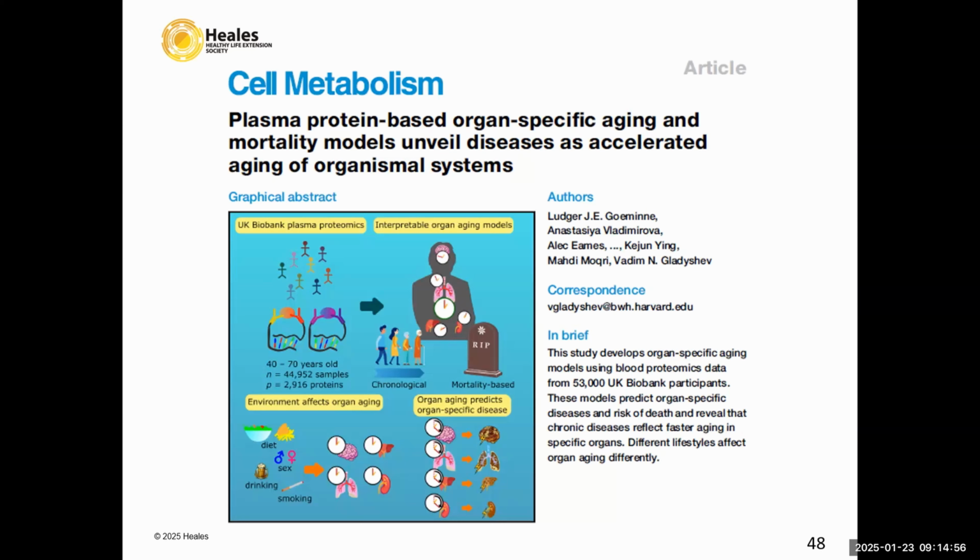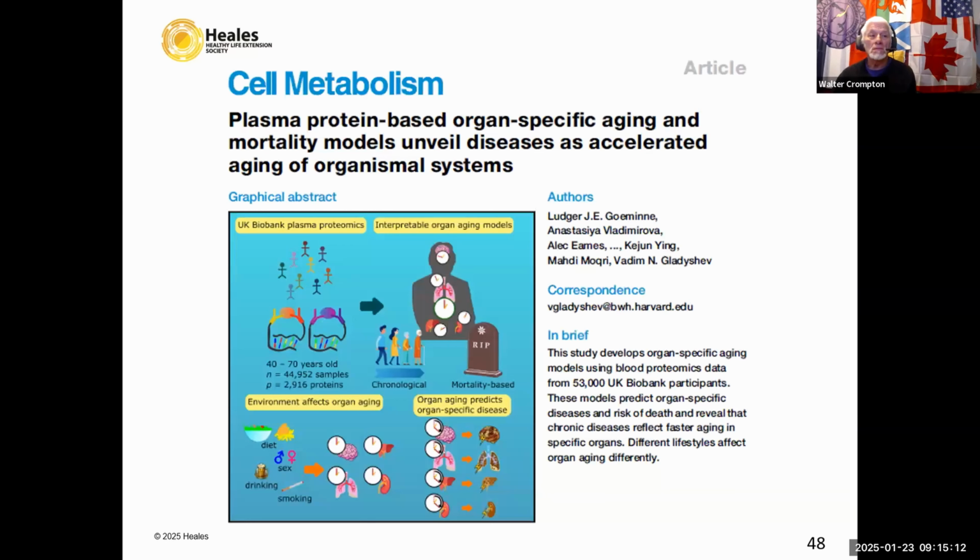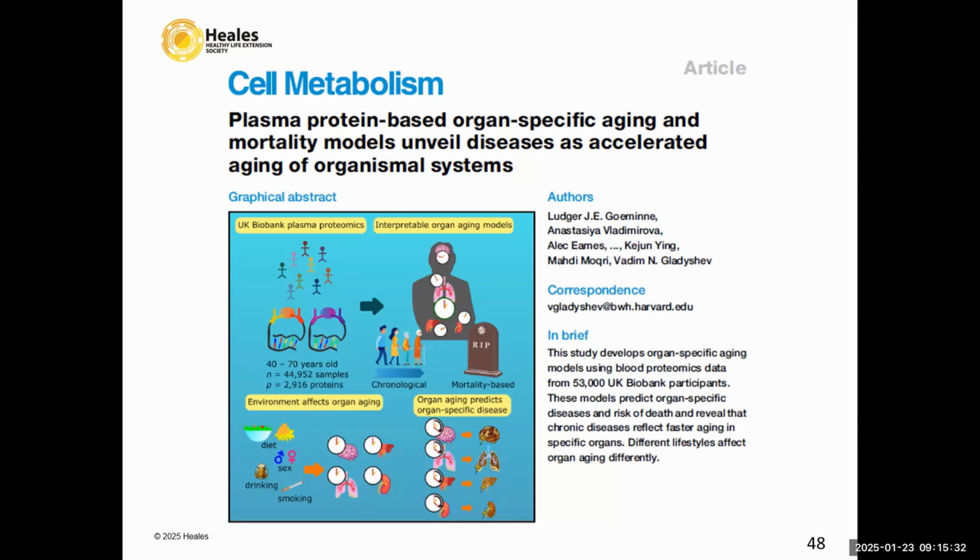So there could be some benefit, but these results overwhelmingly suggest that the body's response is insufficient, and the more it cranks up that looks like aging, the worse the outcome, not the better. Good point. Walter, you're muted.